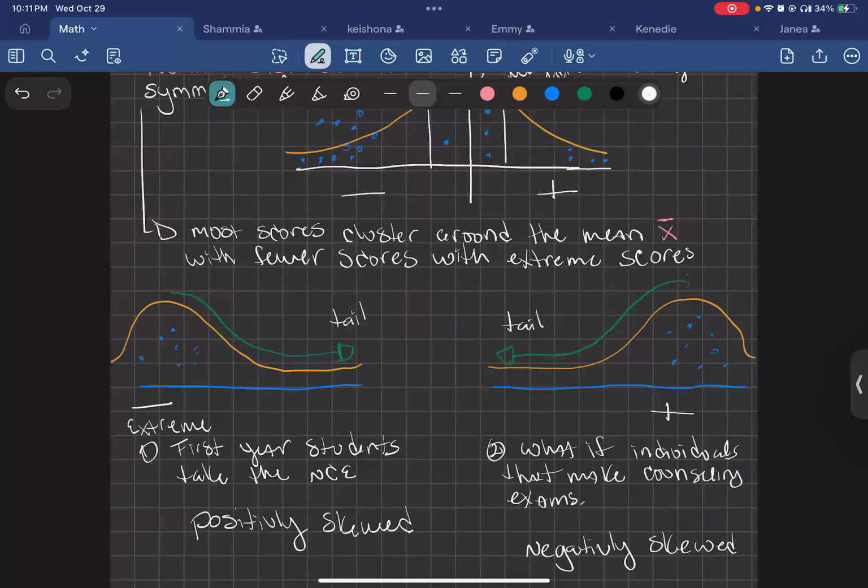So I'll put 3M here, and maybe 3M over here. There's something going on here, because it shouldn't be here. It should be in the middle of that bell curve, so it's kind of spaced out.